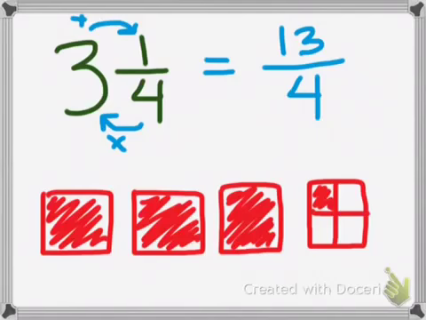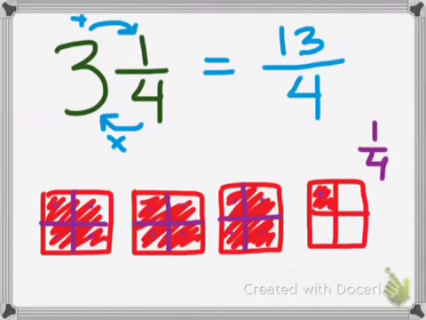The way that I can see how it's showing 13/4 is if I take a different color here and actually split these wholes into fourths. Count and see how many 1/4 I have. How many little 1/4 sections do I have? Well, I have 1, 2, 3, 4, 5, 6, 7, 8, 9, 10, 11, 12, 13.